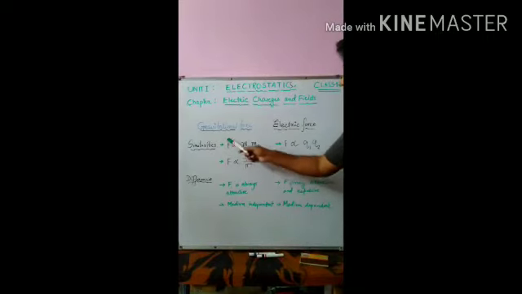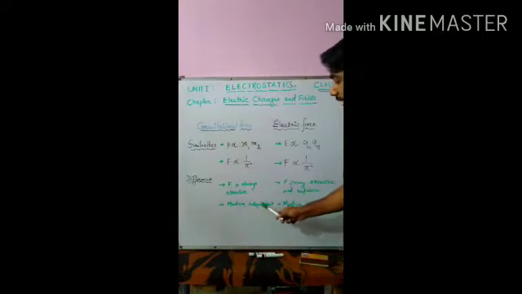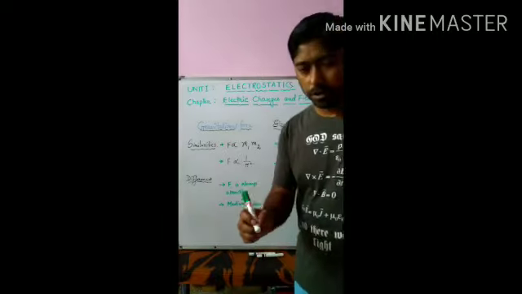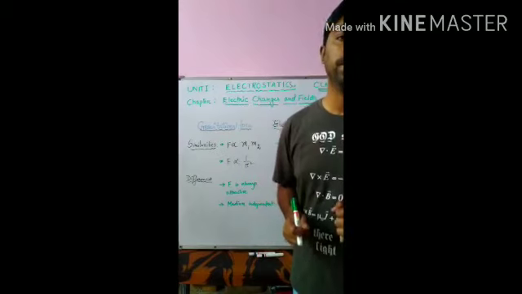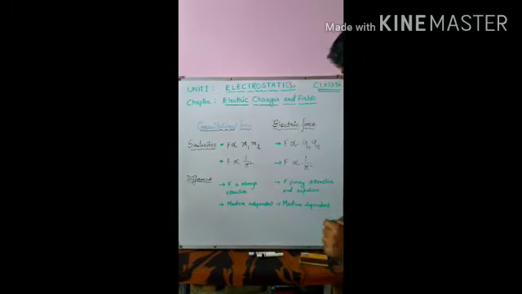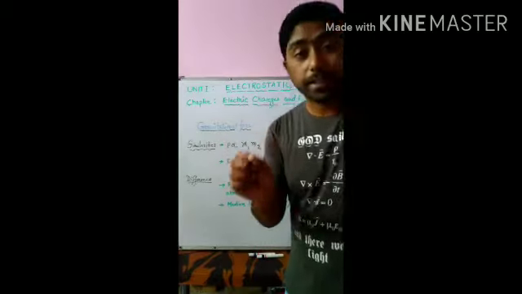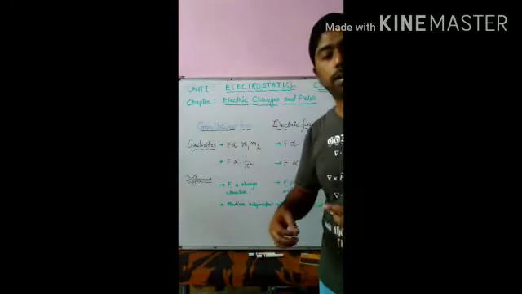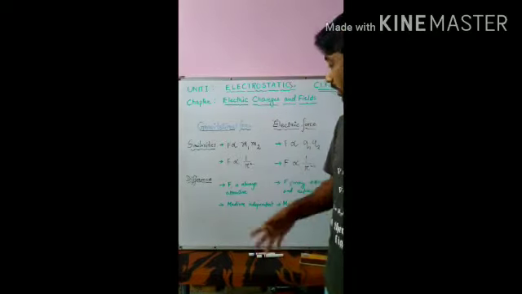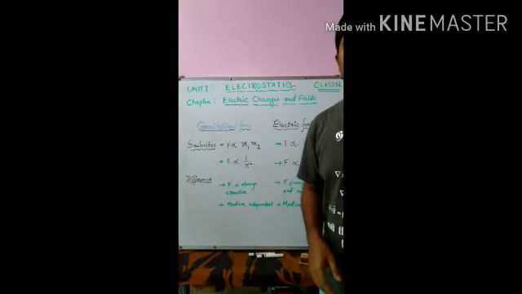Second important point: gravitational force is medium independent. The gravitational force between 2 point objects is independent of the intervening medium. But the electric force between 2 point objects is dependent on the medium. Depending on the medium, it may be more, it may be less. I am talking about the magnitude of that electric force.